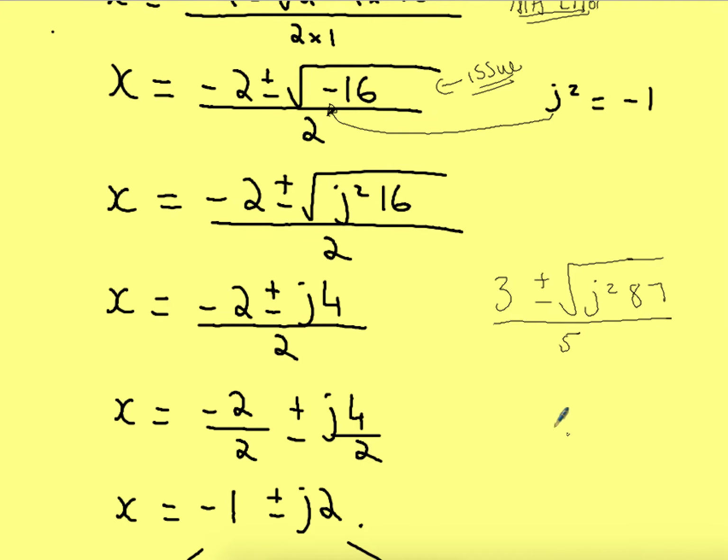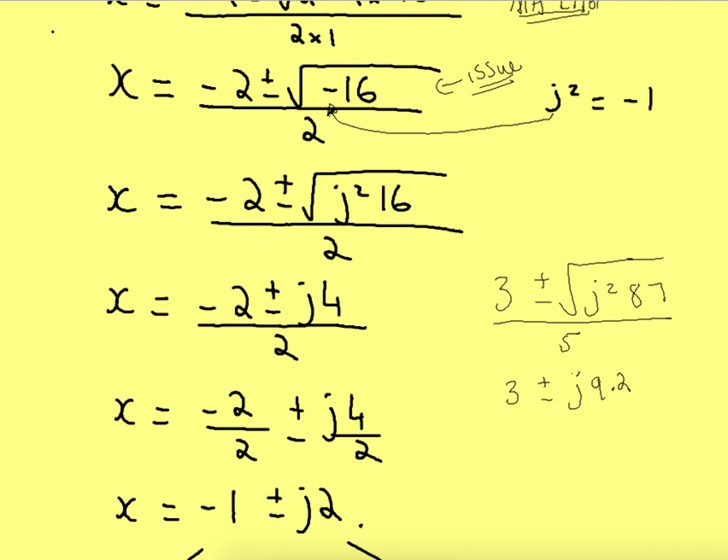Let's say that's what you do. So you would then write that as 3 plus or minus j. What you could either write here is the square root of 87, or you could just type that into your calculator, the square root of 87, as 9.372. So I would work to 4 decimal places if I was doing that.